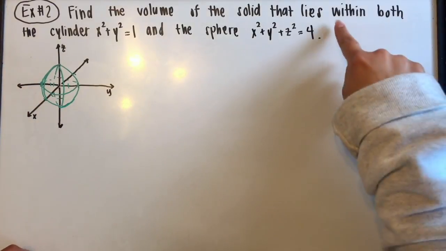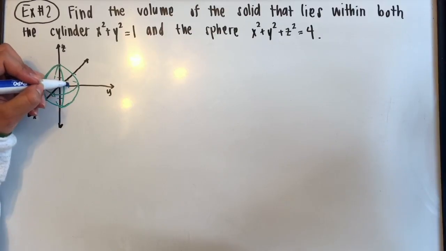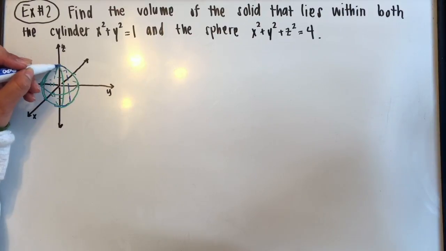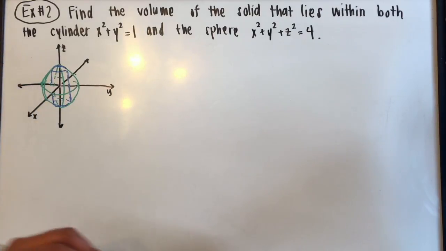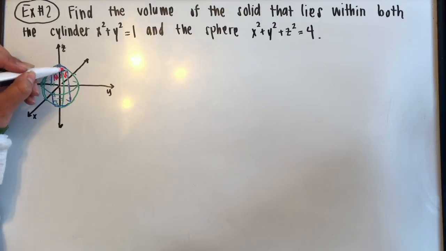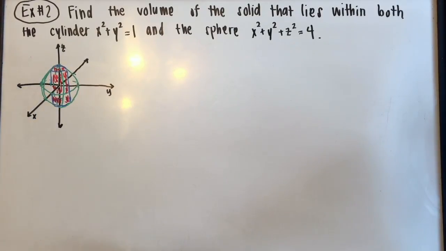And then it says that lies within the cylinder and the sphere. So let's now draw our cylinder, and the radius is 1, so our cylinder is going to go here. The volume that we have to figure out is the one in here, the one that's in both the cylinder and the sphere. So the inside, that's what we have to evaluate.